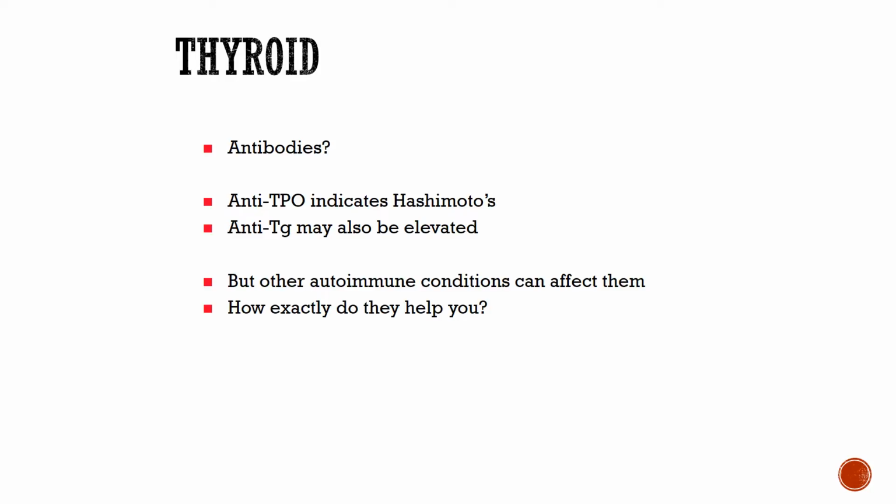Because if you have someone who has elevated antibodies, yes, they have Hashimoto's. If they don't have elevated antibodies, you're still just going to treat them as hypothyroidism, and they have some kind of less than autoimmune process, it appears. So in hypothyroidism, it probably doesn't help you that much.